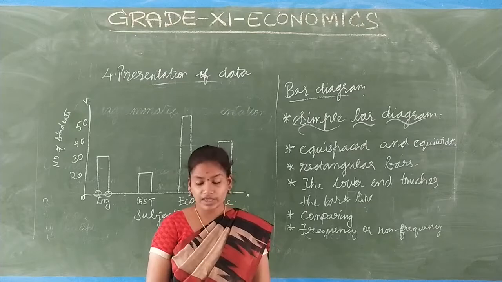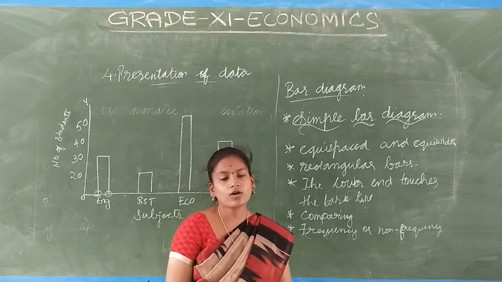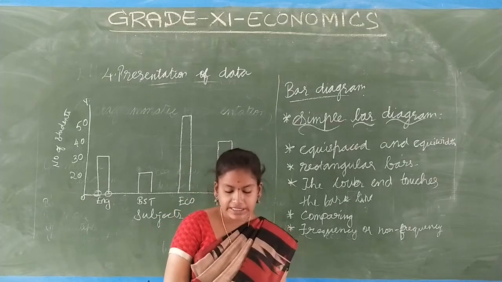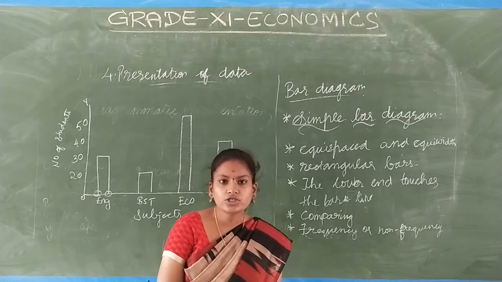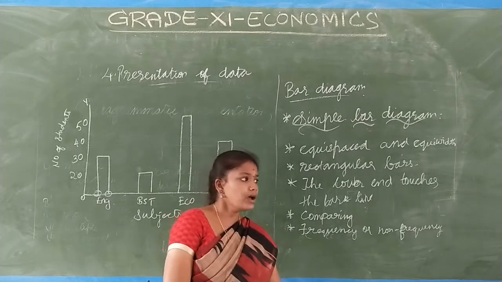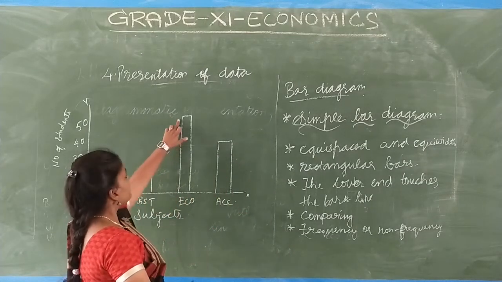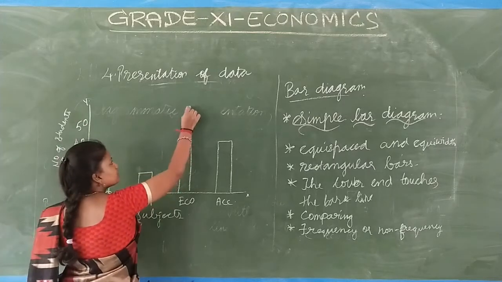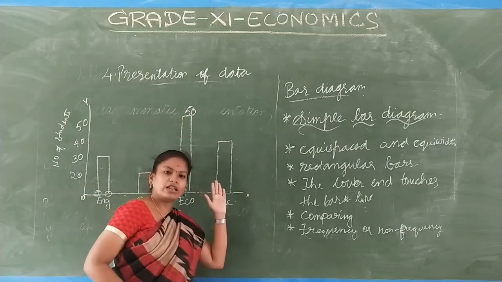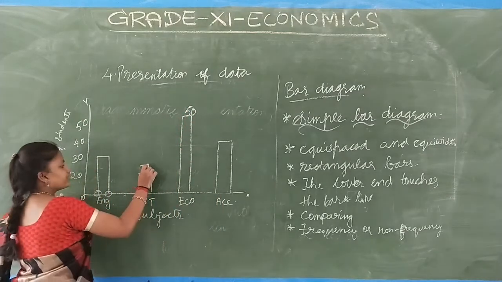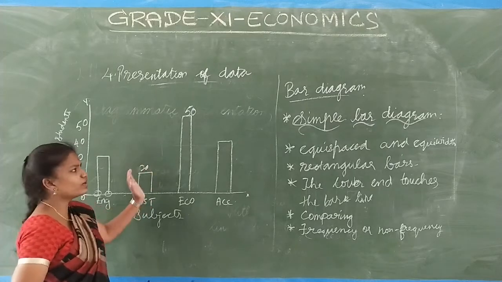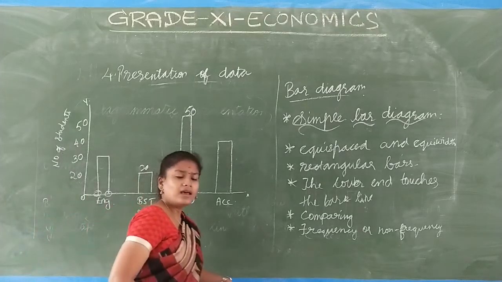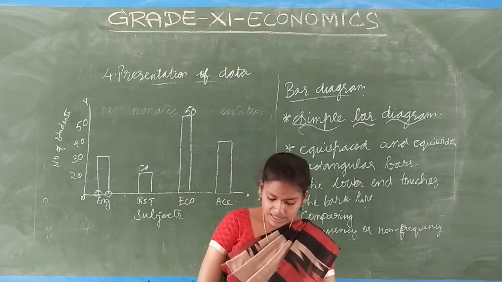The values of the characteristics, measured or counted values, retain the identity of each value. It maintains the identity of each value. Here this 50 maintains the same value, and this 20 maintains the same value. We don't draw it in a different way. Each bar should maintain the same value.